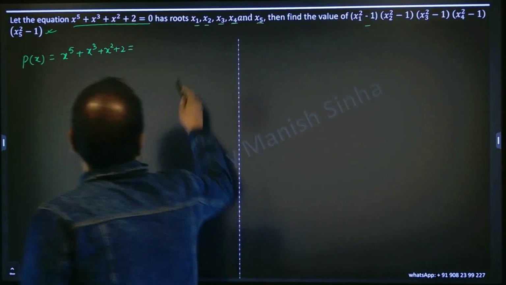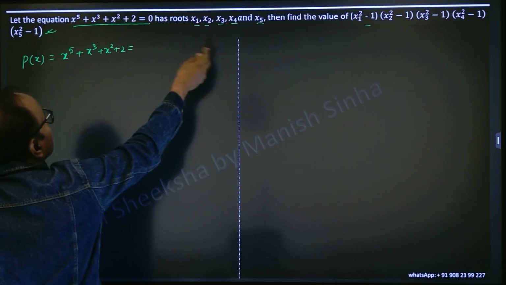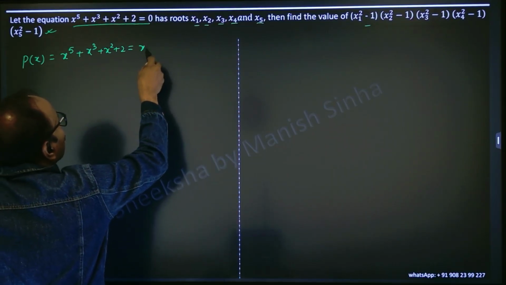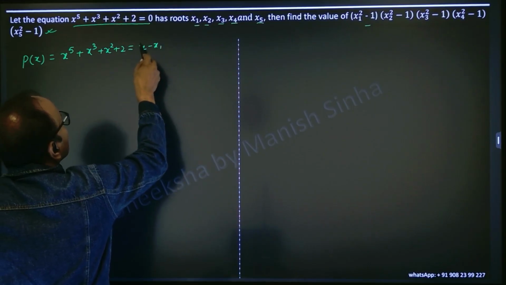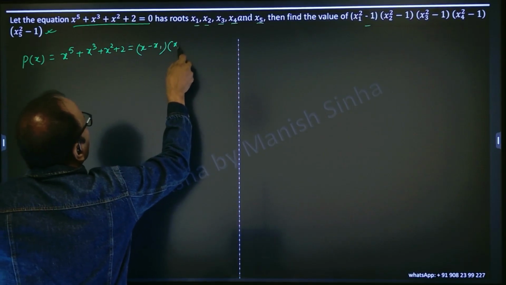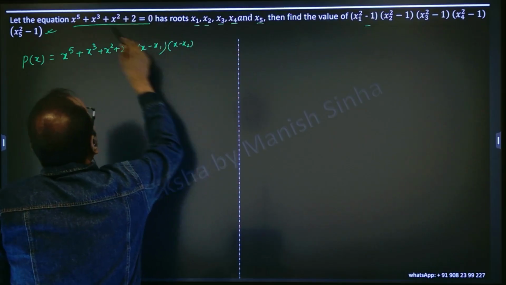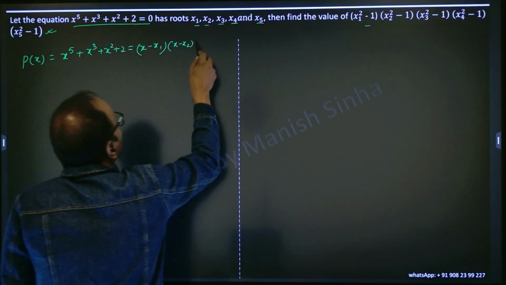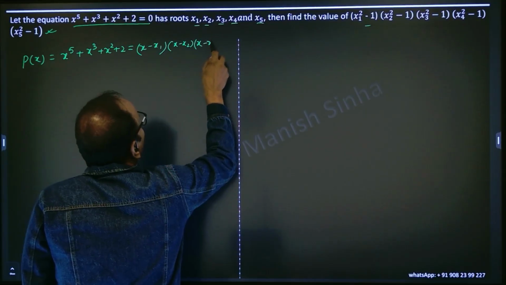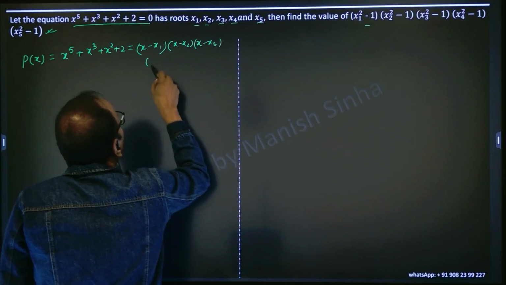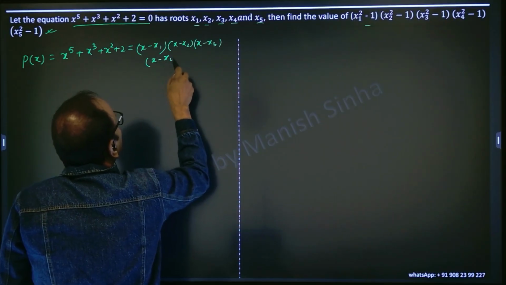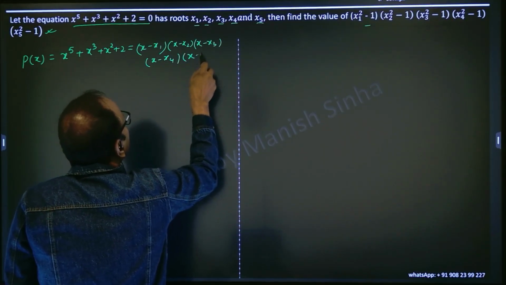And total roots are 5, so it means these 5 factors will completely divide this function, into x minus x4 into x minus x5.